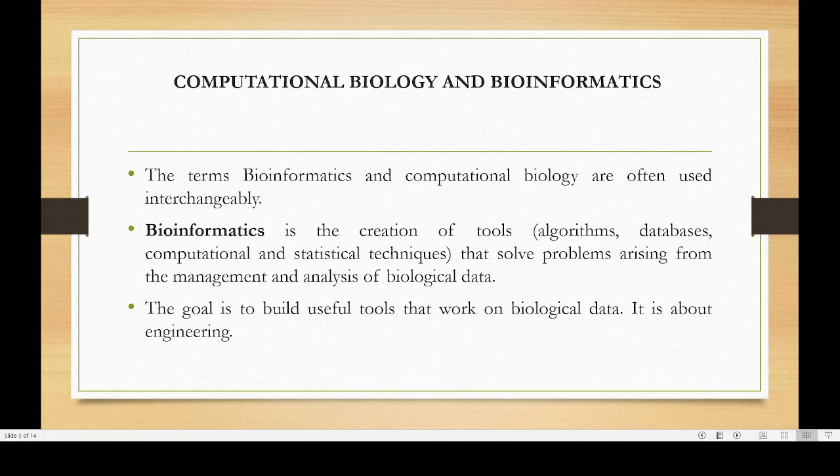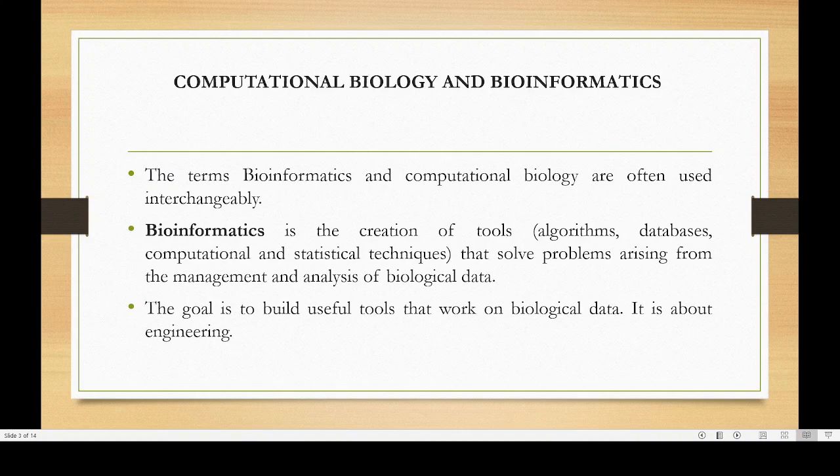basically bioinformatics is concerned with the creation of tools. Tools means algorithms. What is the meaning of the word algorithm? It is a set of rules. For example, in mathematics, to solve a problem, we have to go through certain rules. In physics also, to solve a problem, we have to go through a set of rules.